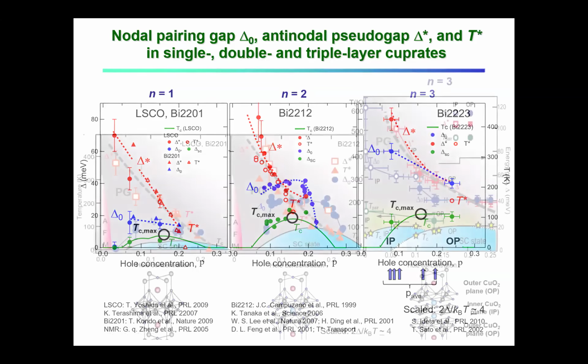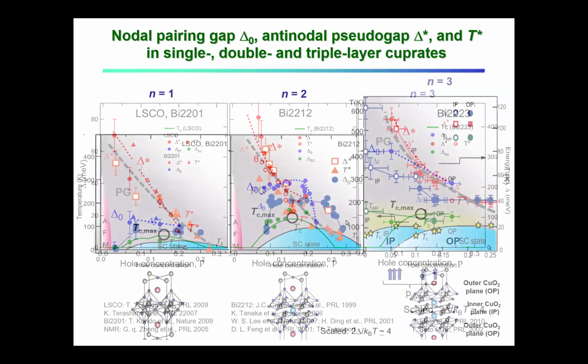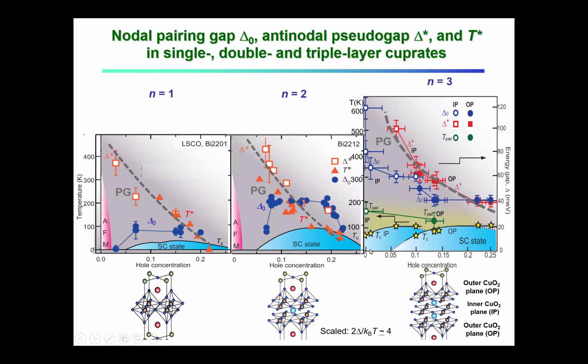So if we summarize the data, this part is the same as before, but here we have a lot more data points because of the many different samples, and these data are these points.